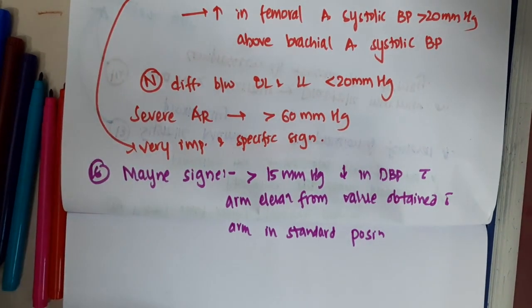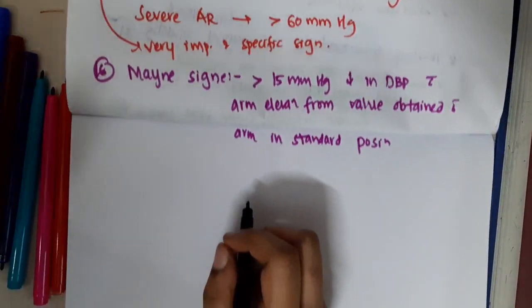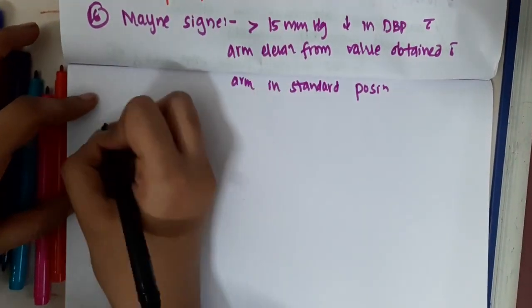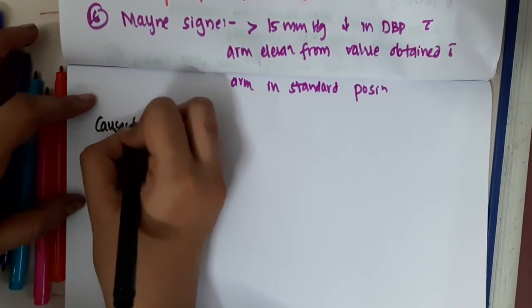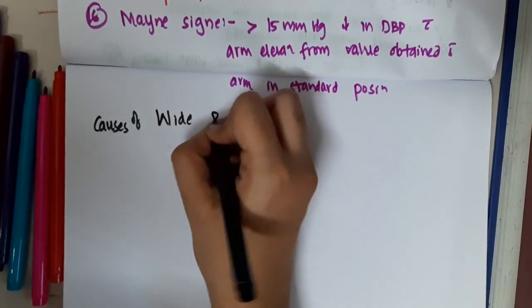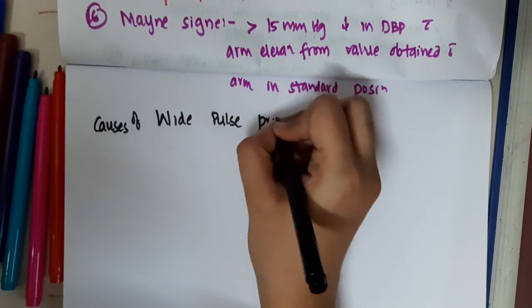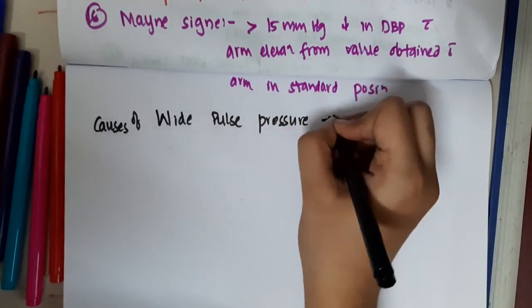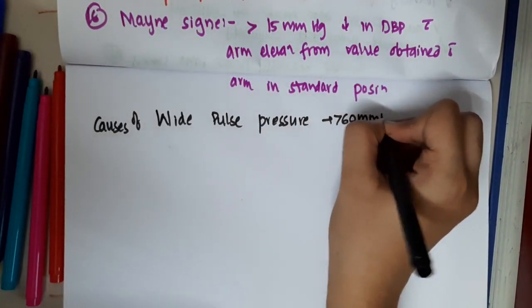So we have said in aortic regurgitation you will see wide pulse pressure. So what are the causes of wide pulse pressure? What is wide pulse pressure? It is more than 60 millimeters of Hg.